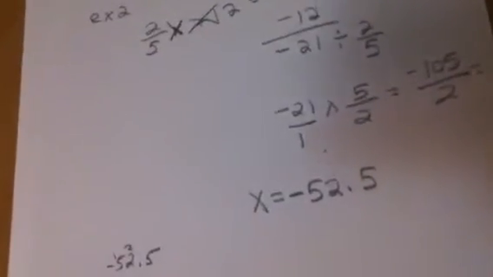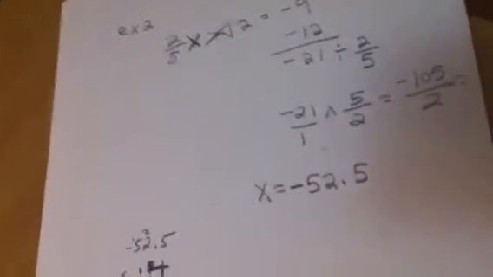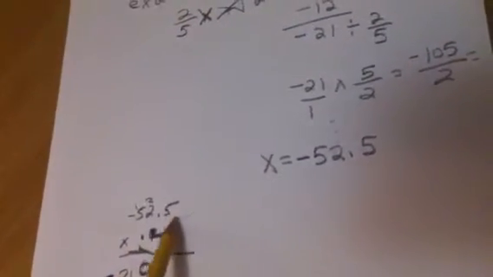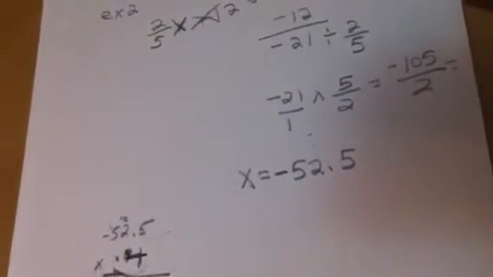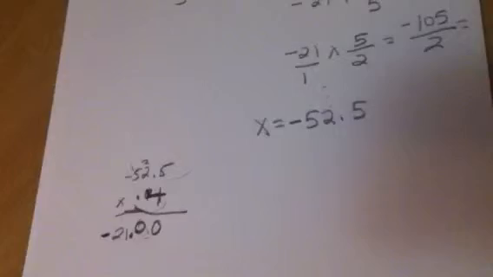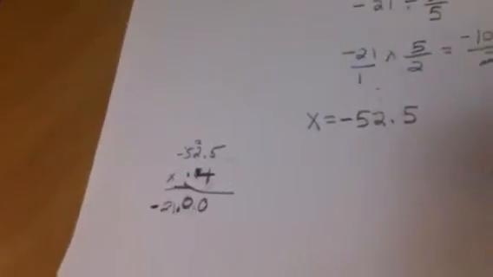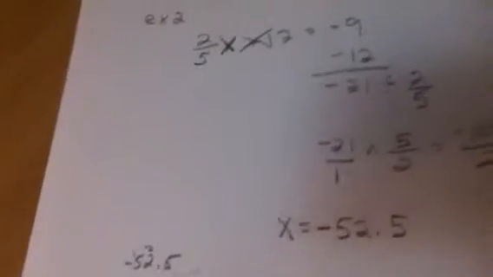Wait, no, I'm sorry. It's not negative 210. Mr. Turner is making mistakes here. It's not negative 210. I made the mistake. This is 1 space, right? And then that's 2 space. So therefore I have to move the decimal place over twice. So it's really negative 21.00, which is really negative 21. Okay? Alright, so let's go back up here.